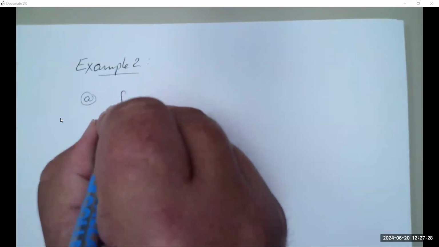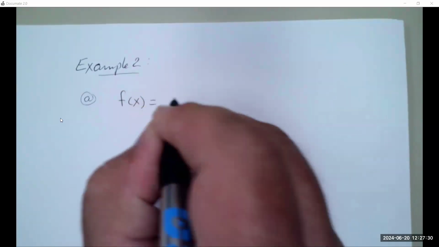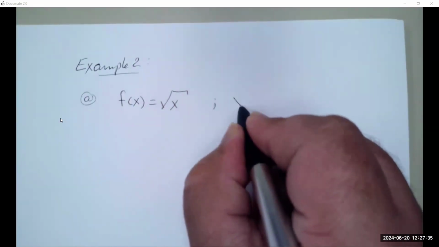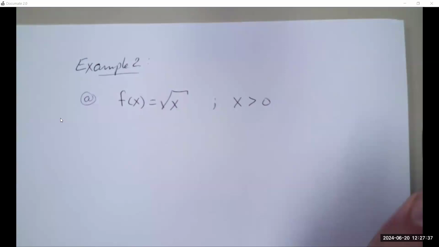Two things. A, find the derivative of f of x equals square root of x for all x greater than 0.